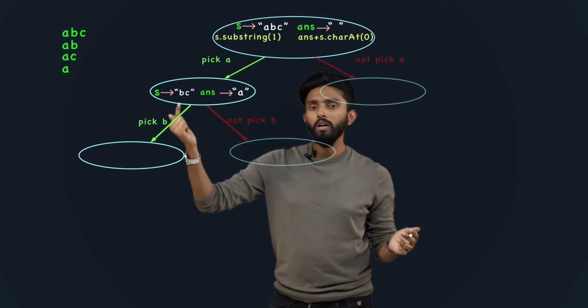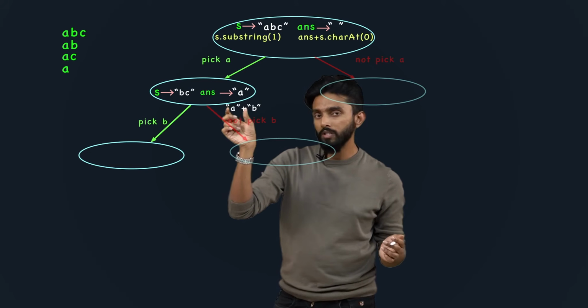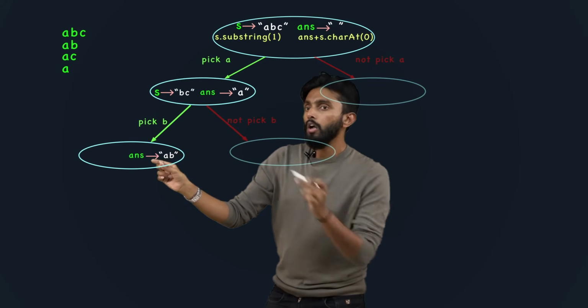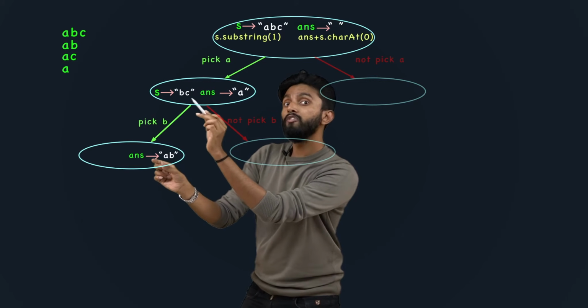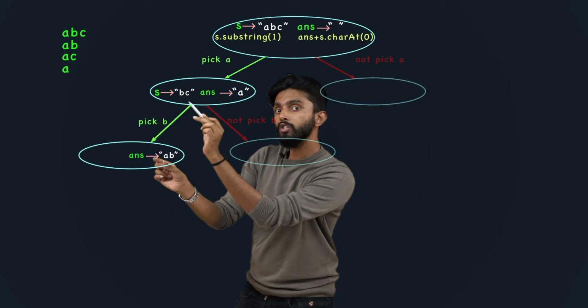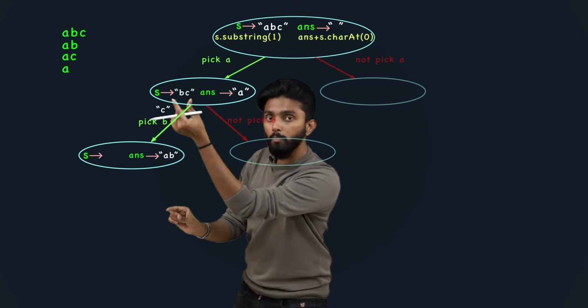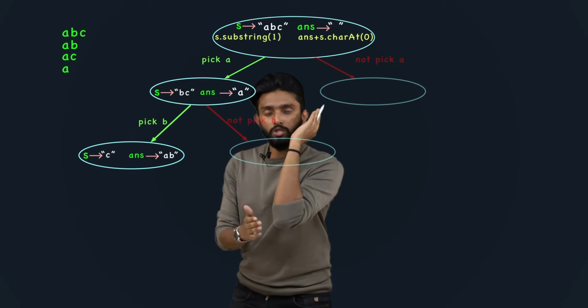Simple, you know. This is the 0th character, take the 0th character, append it to answer, which means I will get AB, and that I will pass as the new answer. Now you know to find all the subsequences of BC where B has been picked, first you need to find all the subsequences of C, which means recursively you should call for C, which means you have to remove B and send C, which is nothing but again finding the substring where you start from 1.